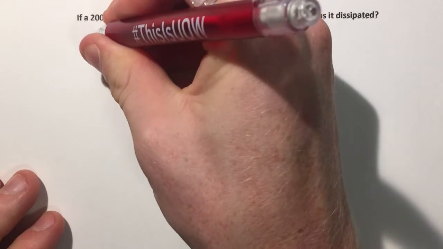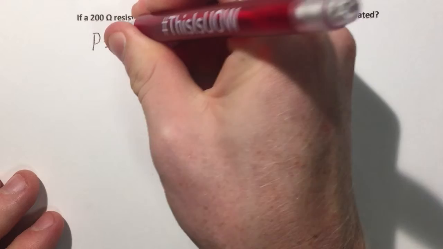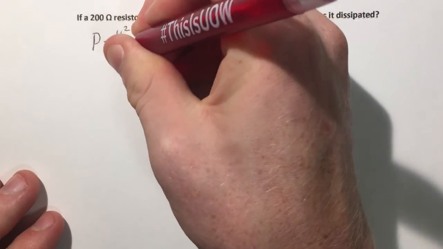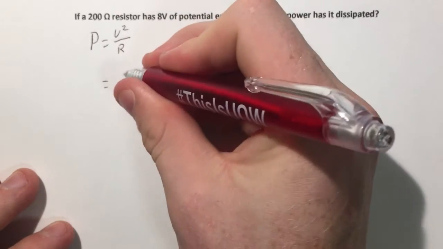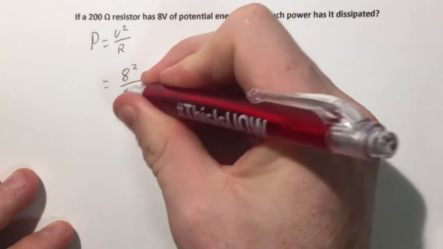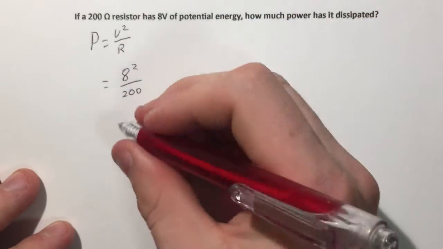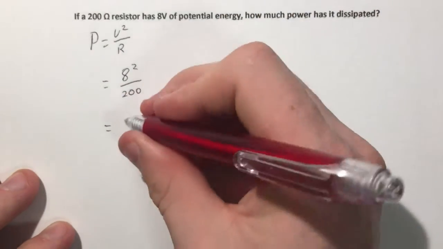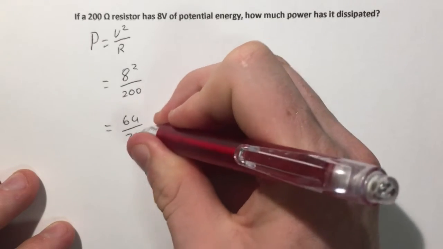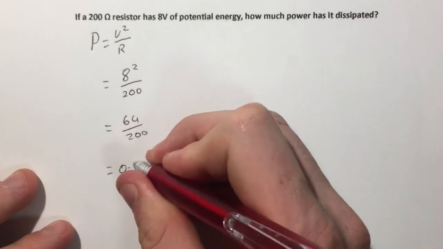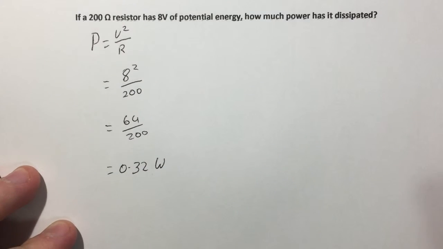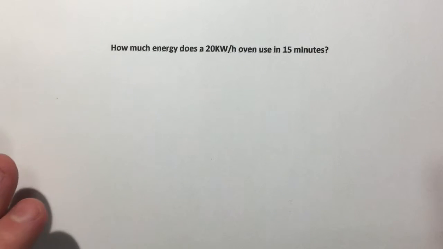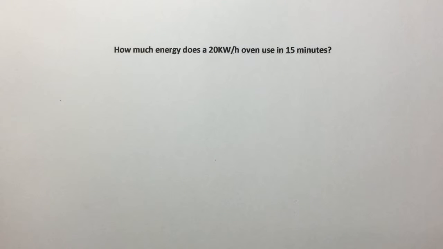We're going to use the formula P is equal to V squared on R. So that means now we can sub in, so therefore it is equal to 8 squared on 200, which is equal to 64 on 200, which is equal to 0.32 watts of power.